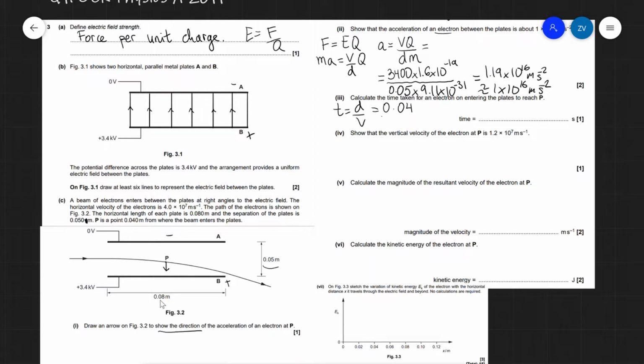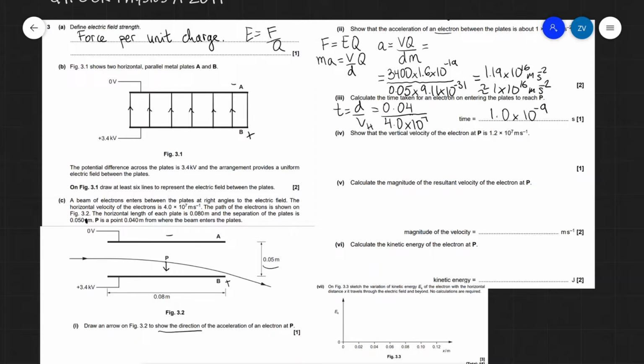We're going to be dividing that by the horizontal speed, which is 4.0 times 10 to the power of 7. So it's about 10 to the power of minus 2 here. Those are going to cancel, and that will leave us with 1.0 times 10 to the power of minus 9 seconds. So that's a pretty short time. Let's have a look at part 4 next.